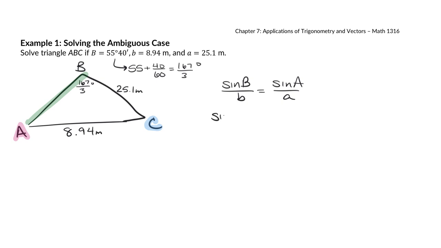This will say the sine of 167 over 3 degrees over little b, which is 8.94, should be equal to the sine of A, which we don't know, leave it as the letter A, divided by 25.1. That's the letter we're solving for.